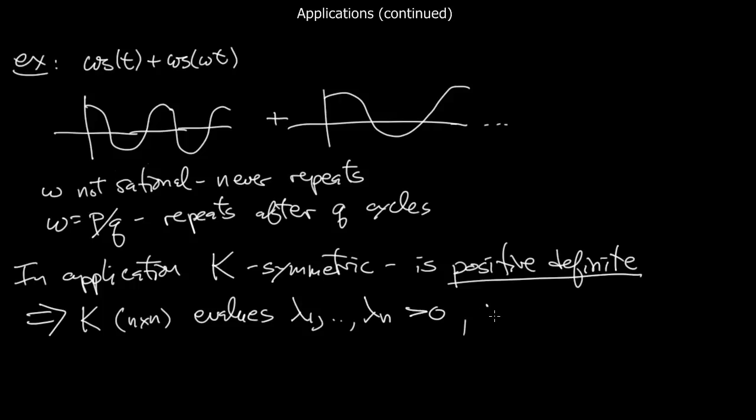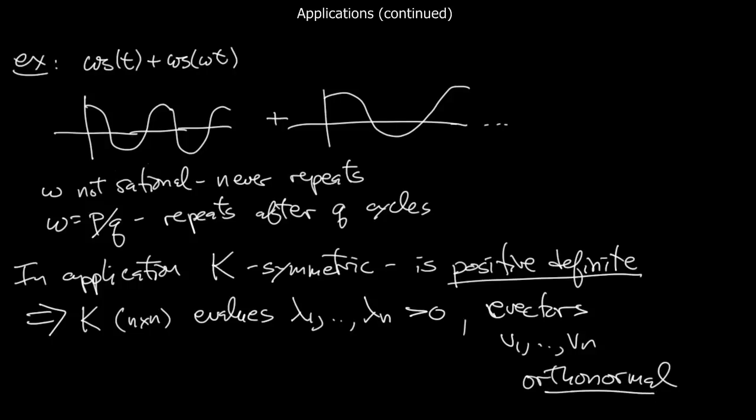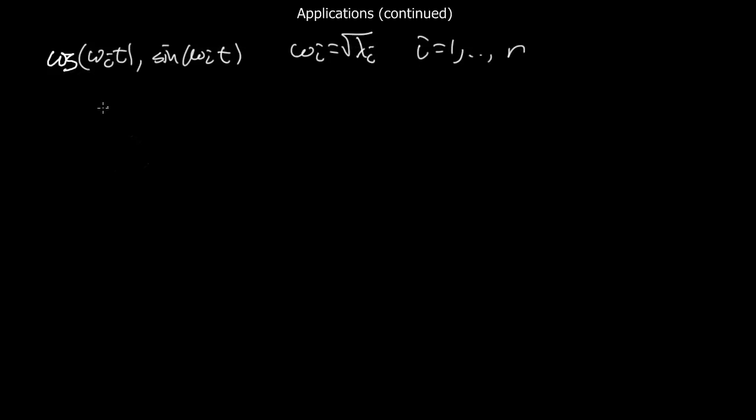You have this n by n matrix. It's going to have n eigenvalues, all of them positive, and n eigenvectors, v1 through vn, which can be taken to be orthonormal. So we have these cosine and sine terms times the vectors, and these omega i's are the square roots of the lambda i's.